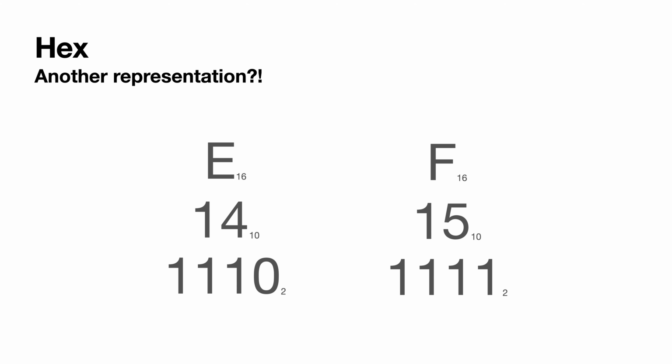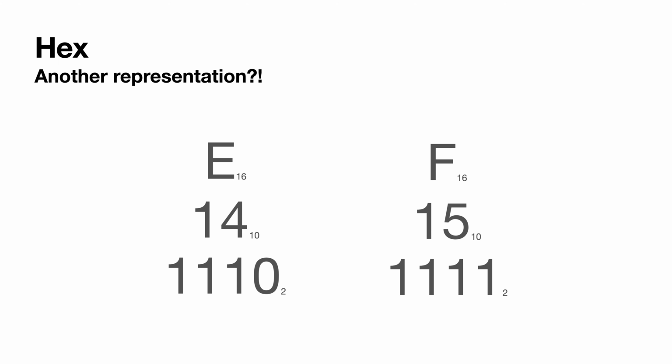If we wanted to represent 1 byte, we can use 2 hex digits, because 1 hex digit represents 0 to 15, which is 16 values. 4 digits in binary represent 0 to 15. So if we combine 2 hex digits, we can represent 8 binary digits, which is 8 bits or 1 byte. So 2 hex digits is now 1 byte.